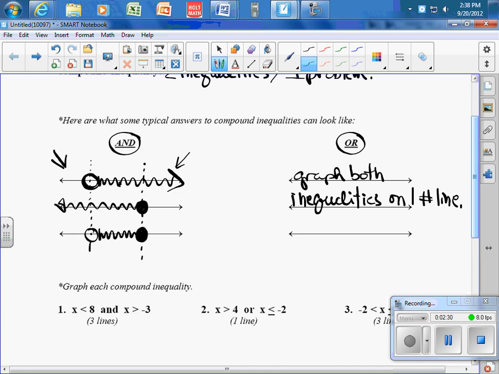So a typical, and again, this is typical, not going to take care of all compound ors by any stretch, but a typical compound or would look like this. Perhaps a hollow circle and shade to the left, and maybe even a hollow circle and shade to the right. But the point being, for a compound or, typically they will look like oars of a boat, if you will. They both point out.